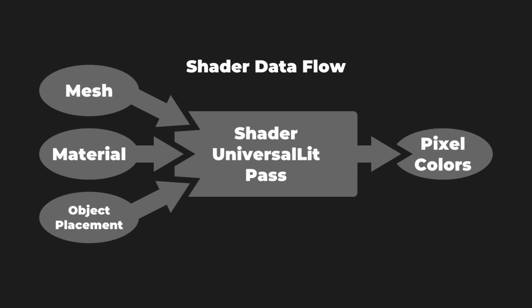Earlier, I did say that vertex and fragment functions could only access data from a single vertex or fragment, and while this is true, they can also access any material properties. These variables are uniform, meaning they don't change while the pipeline is running. Unity sets them before the pipeline begins, and you cannot modify them from a vertex or fragment function.